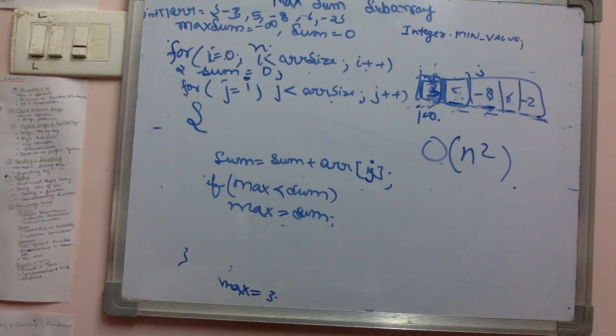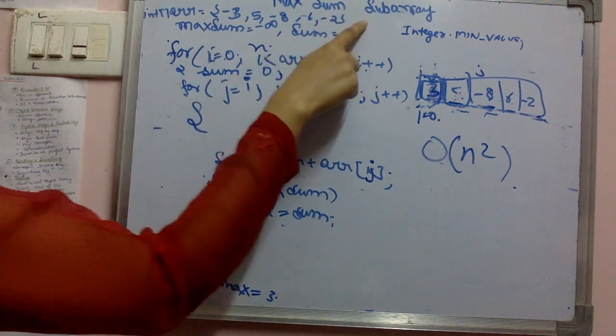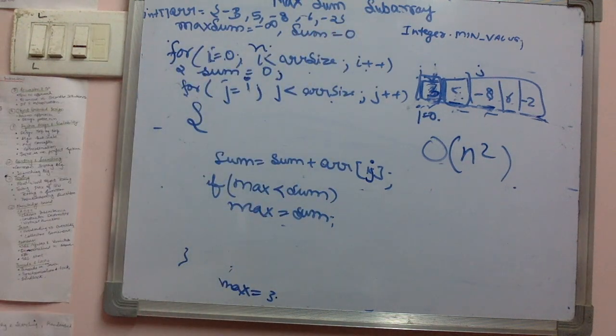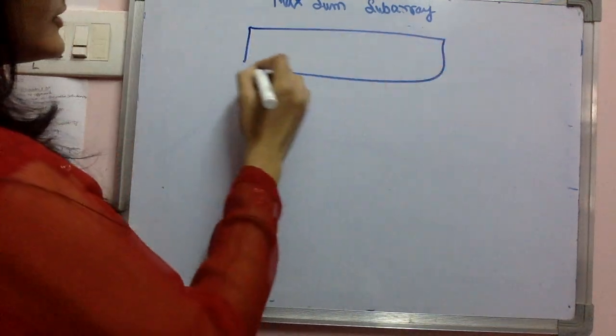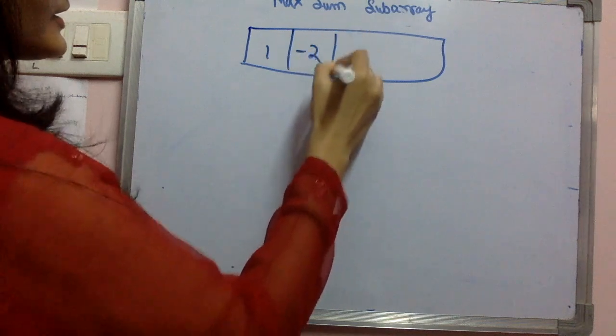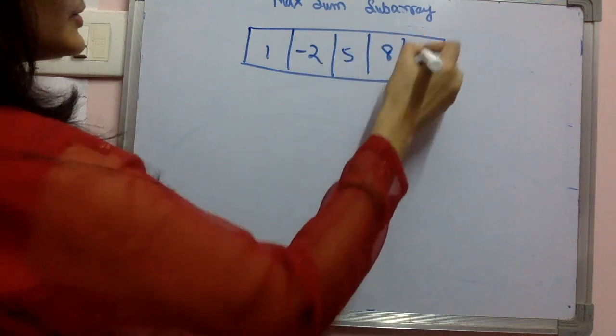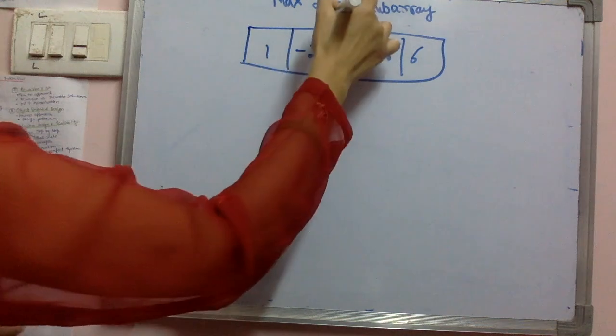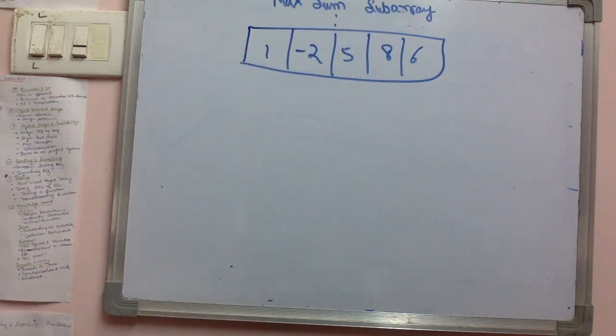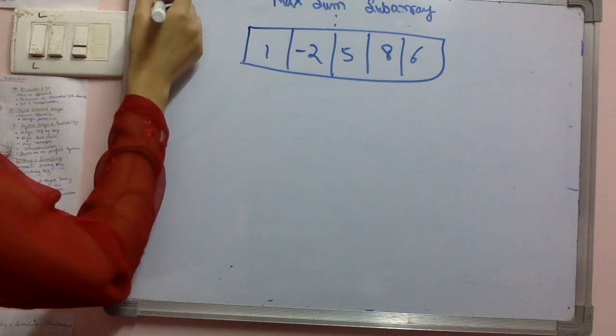Now guys, let's talk about how we can apply the divide and conquer technique here and improve this problem's running time to order of n log n. Usually in the divide and conquer approach, there is a step to divide the given problem into subproblems, and then there is a step to conquer it.